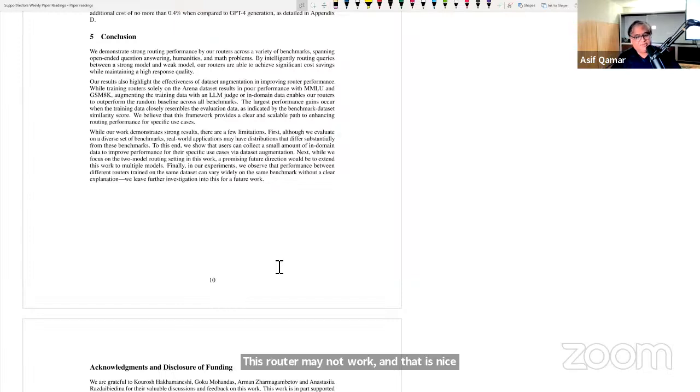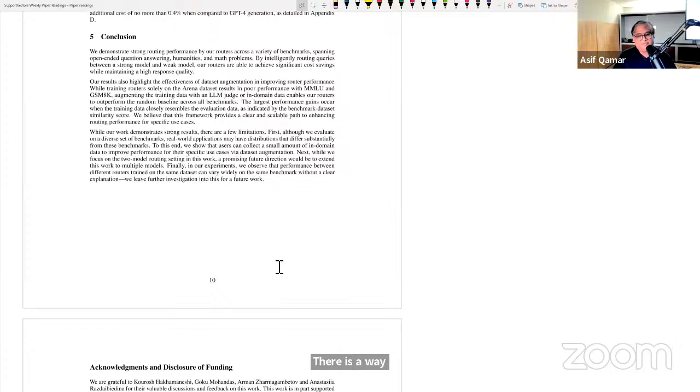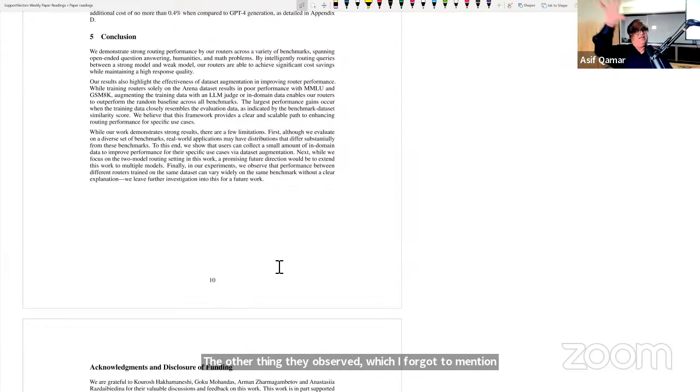So to this end, we show that users can collect a small amount of in-domain data to improve performance for their specific use cases via data augmentation. So what they say is that there is a way out. You go gather your own data, go train it. The other thing they observed, which I forgot to mention, is that they tried it with one big LLM and one small. They got good results. And then they did a form of transfer learning.